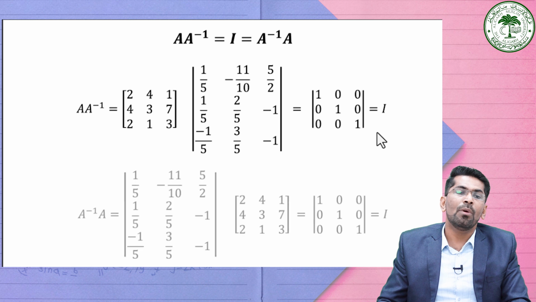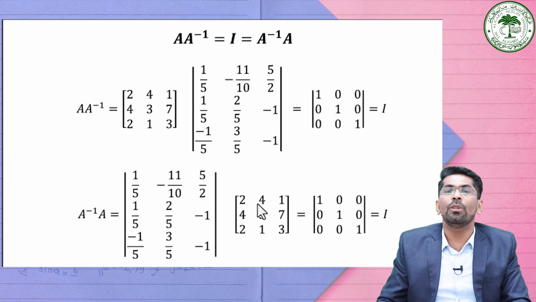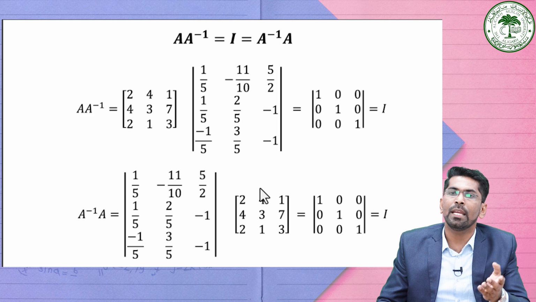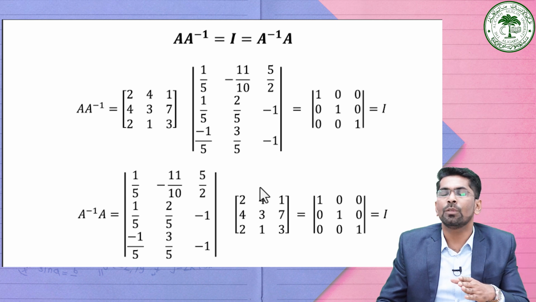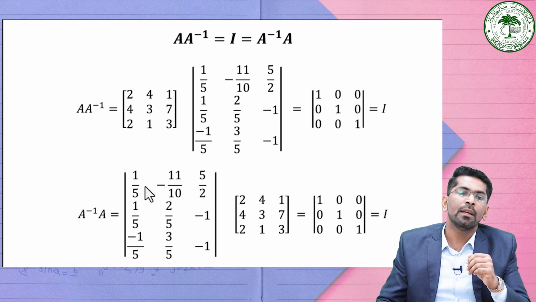Similarly, if you multiply the inverse with the original matrix, we have a 3 by 3 matrix, and the original matrix is also a 3 by 3 matrix. So of course, we have the same order, the matrix multiplication is possible and it will also produce a 3 by 3 matrix. The first row will be multiplied with the first, second and third columns.